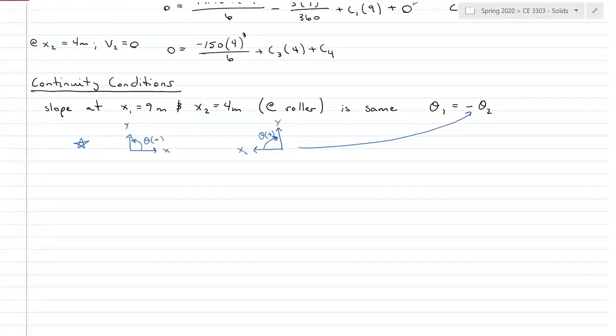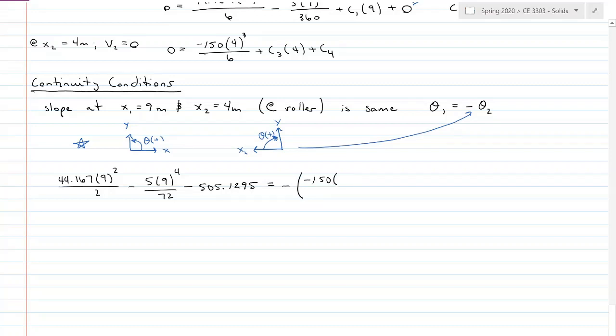All right, so that equation is going to be 44.167 times 9 squared divided by 2 minus 5 times 9 to the 4th divided by 72 minus 505.1295, so that's C1, is equal to theta 2, negative 150 times 4 squared divided by 2 plus C3.